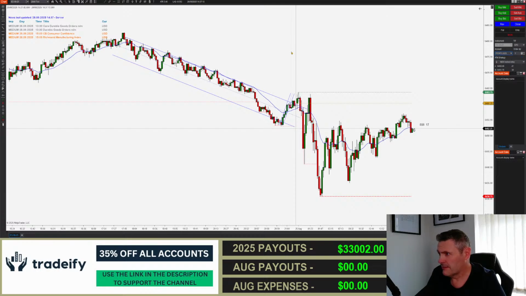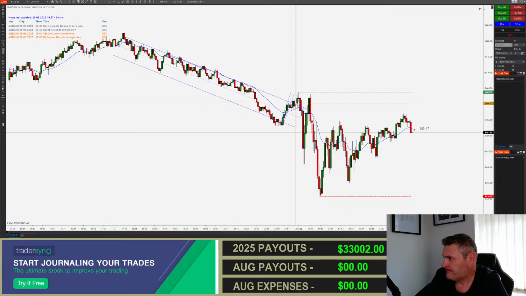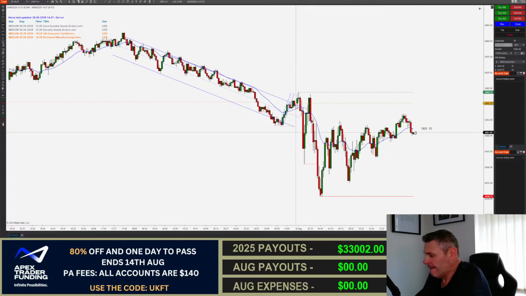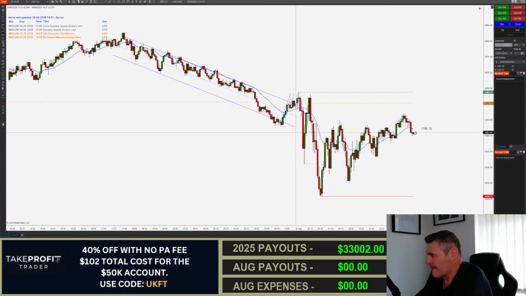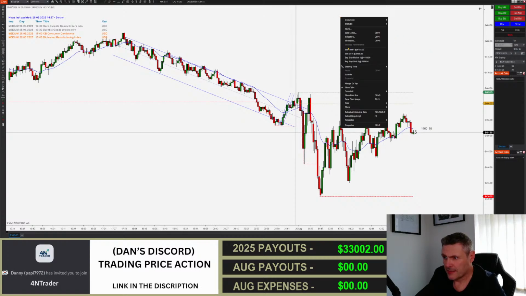Let me just check everything opens as it should.